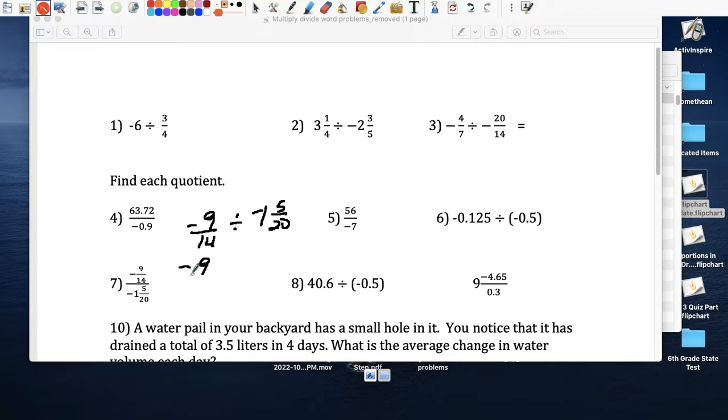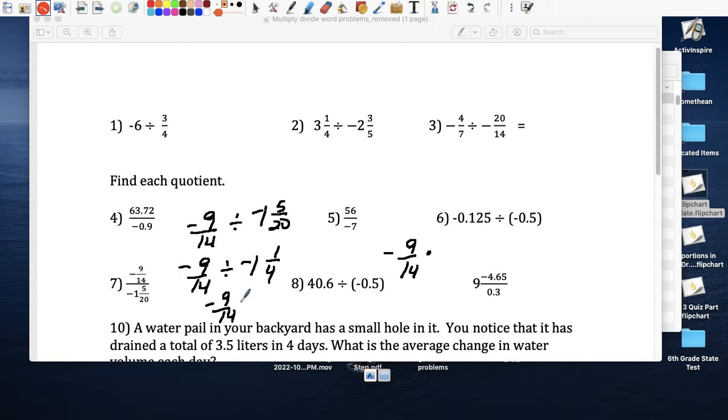So that's 20 plus 5 over 20, which, to be honest, makes life a little bit easier. I could have written this as -1 1/4, right? And then now I can change that to a multiplication problem. Sorry, I jumped the gun.